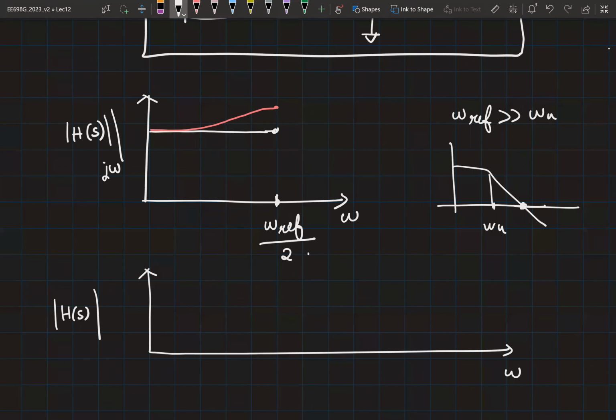Okay. So now this is not about the model. I am giving some phi ref of t at the input, varying its frequency, and I'm looking at the phi out of t at the output. How do you think the behavior would look like? So up to omega ref by 2, the model is predicting this behavior. What do you think will happen afterwards?